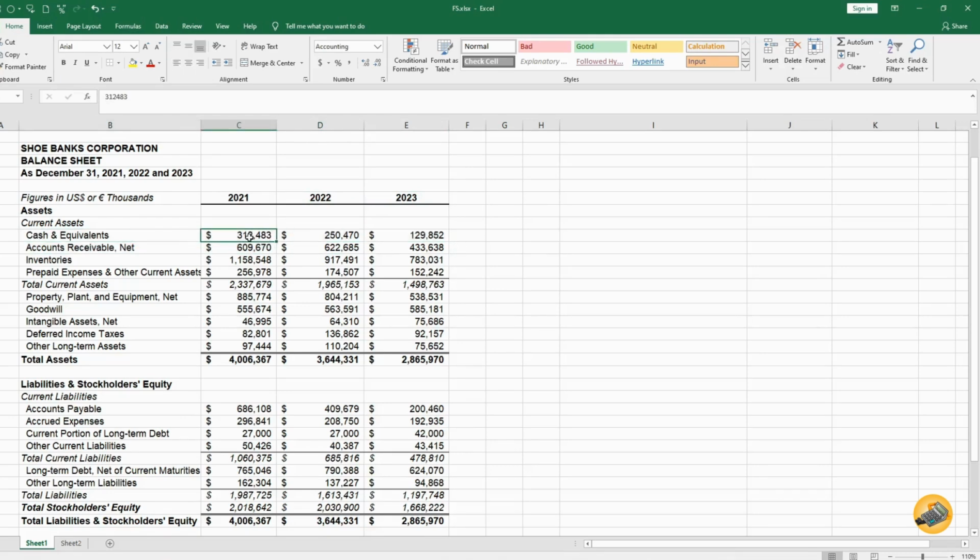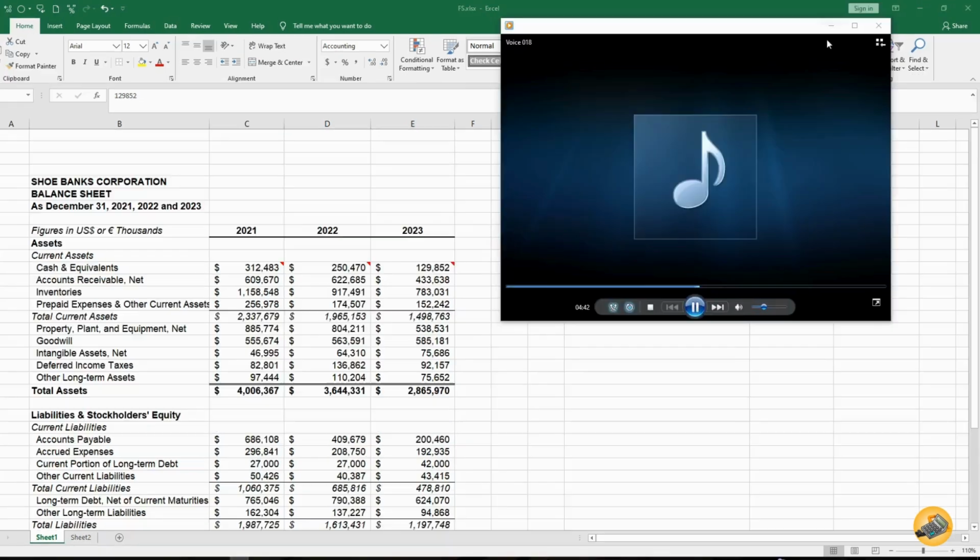For 2021, we have a balance of 312,483. What that means is at December 31, 2021, or at the end of 2021, we have a cash balance of 312,483.